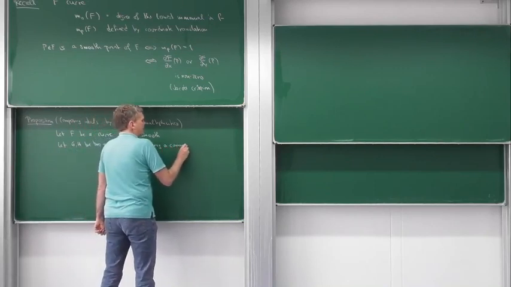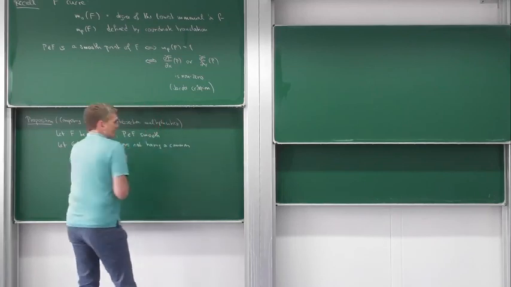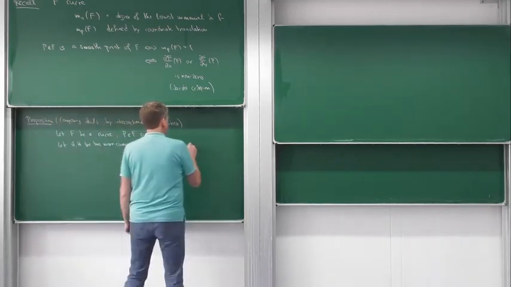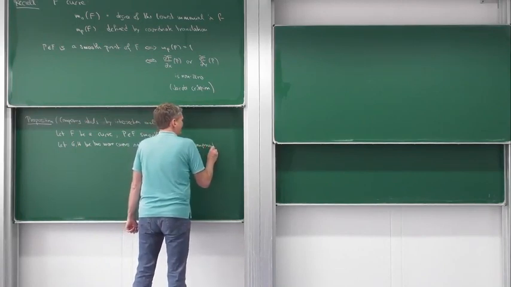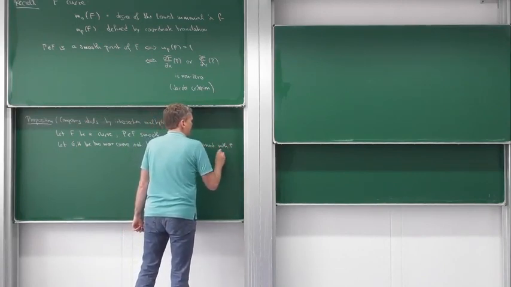So in particular, the intersection multiplicity with f will be finite at this point, not having a common component with f through p.